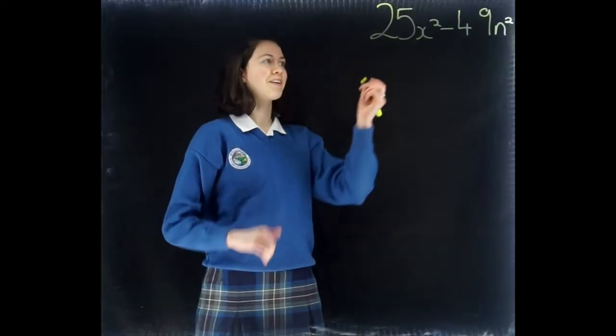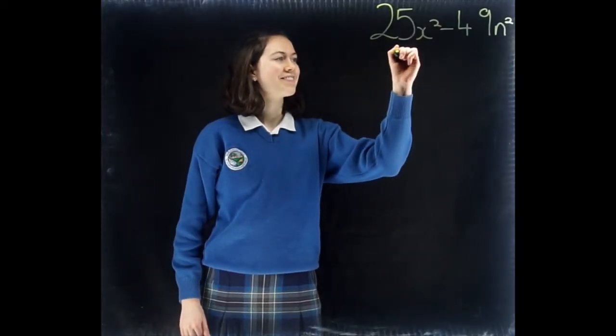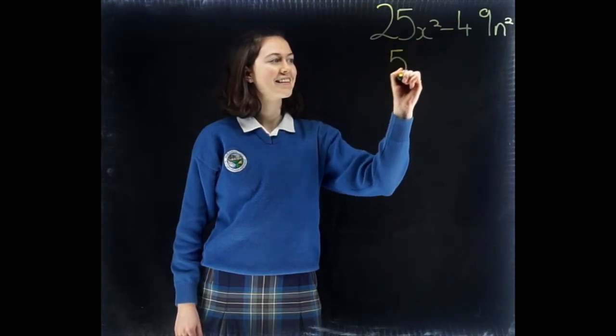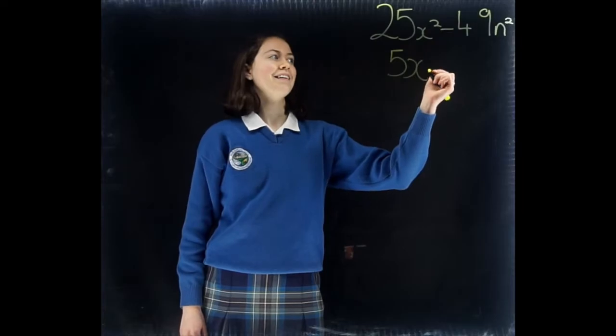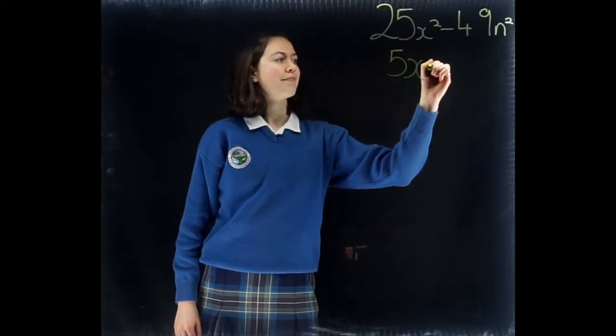The third type of factorising is known as the difference of 2 squares. You recognise that you have to use this type of factorising when you have 2 square numbers and an x or y squared. So you first have to find the square root of 25x squared, which is 5x.